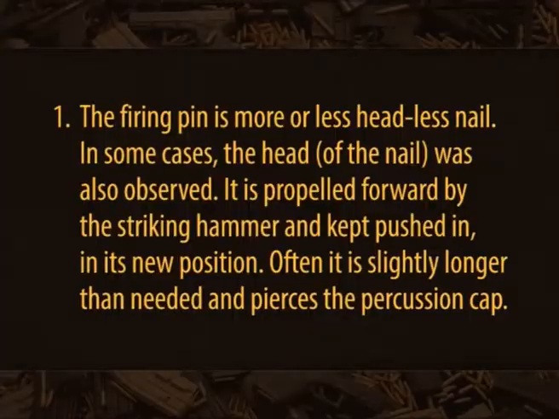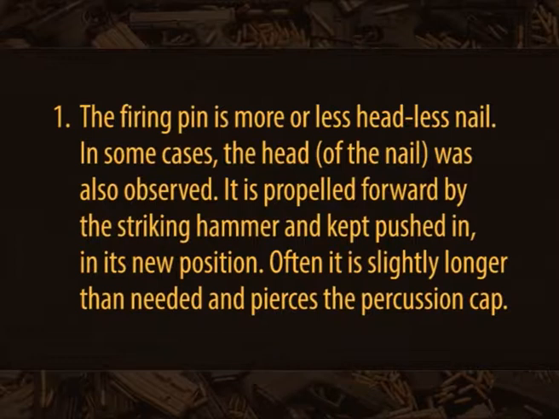The firing pin in turn is pushed forward and strikes the percussion cap, thus exploding the cartridge. The main distinguishing characteristic of the action is that the firing pin is more or less a headless nail.